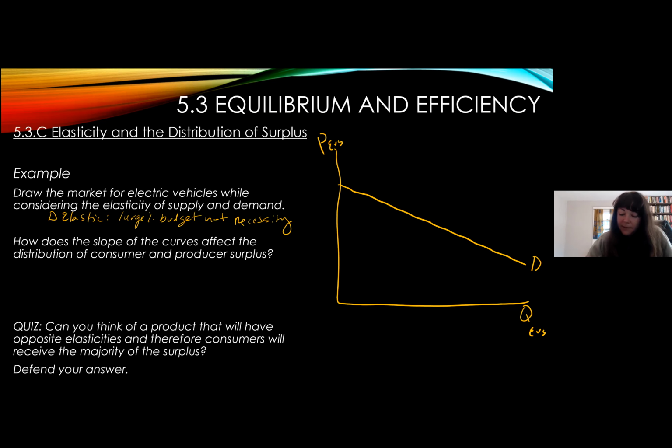And then when we think about supply, remember we're not thinking about substitutes, we're thinking about how flexible is the production, how easy is it to ramp up and ramp down. And if you paid attention to what's happened with Tesla's backlog, you can see that the production has not historically been super flexible. I think the supply is pretty inelastic. There's a lot of specialty parts that could only be used on an electric vehicle.